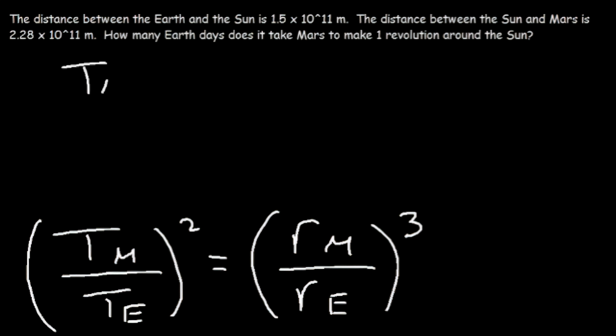So we're looking for Tm. The period of the Earth in days is 365. It takes 365 days, or 1 year, for the Earth to revolve around the Sun.